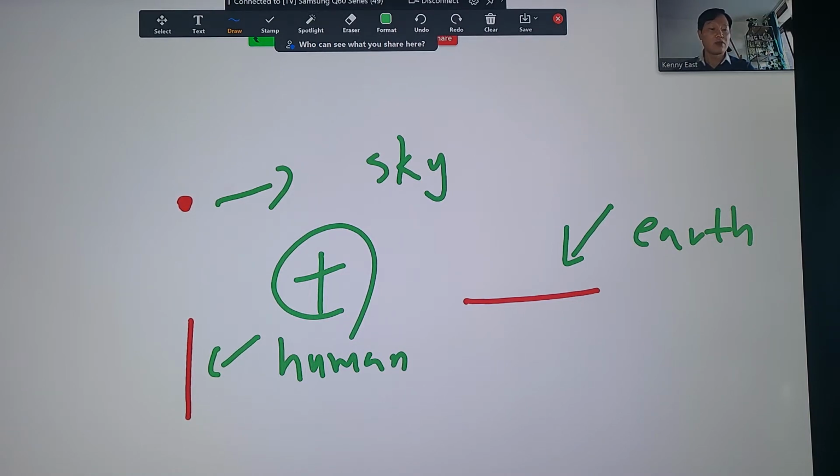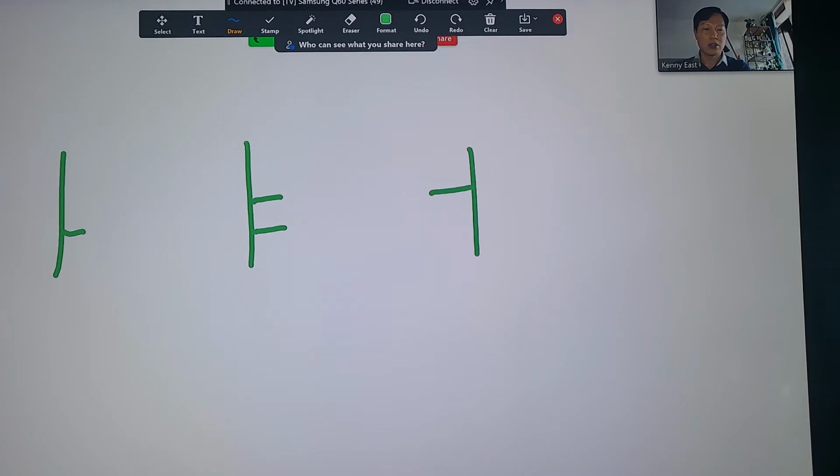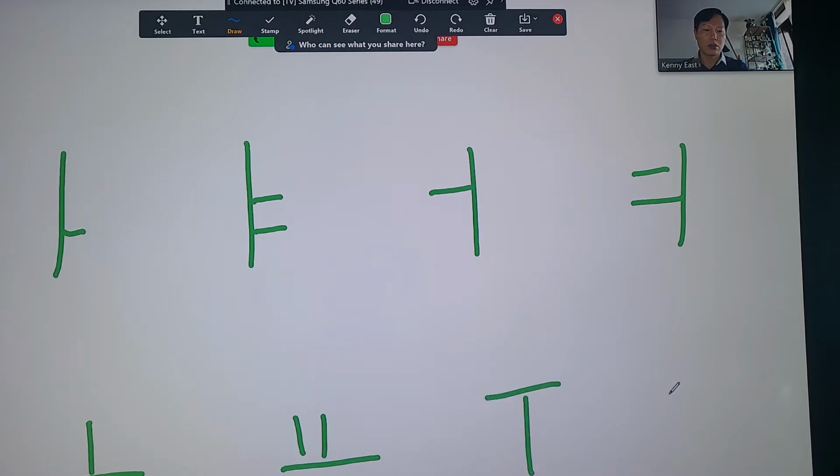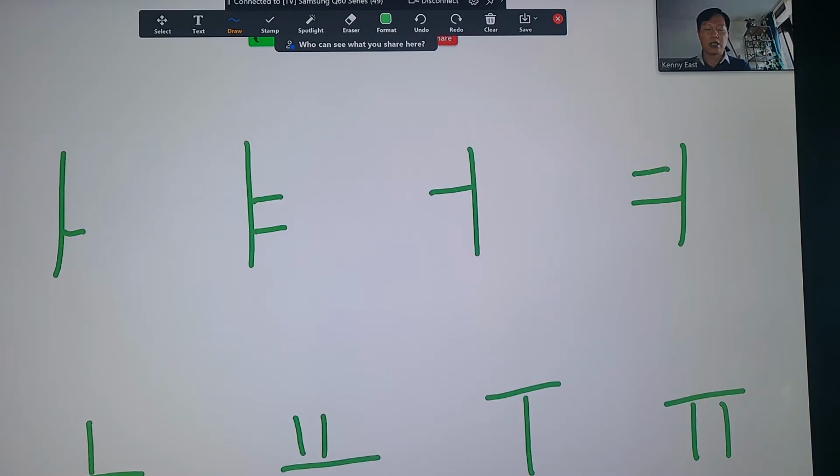We're going to start with the 10 basic vowels he created. I'm going to write them down one by one and explain them separately.